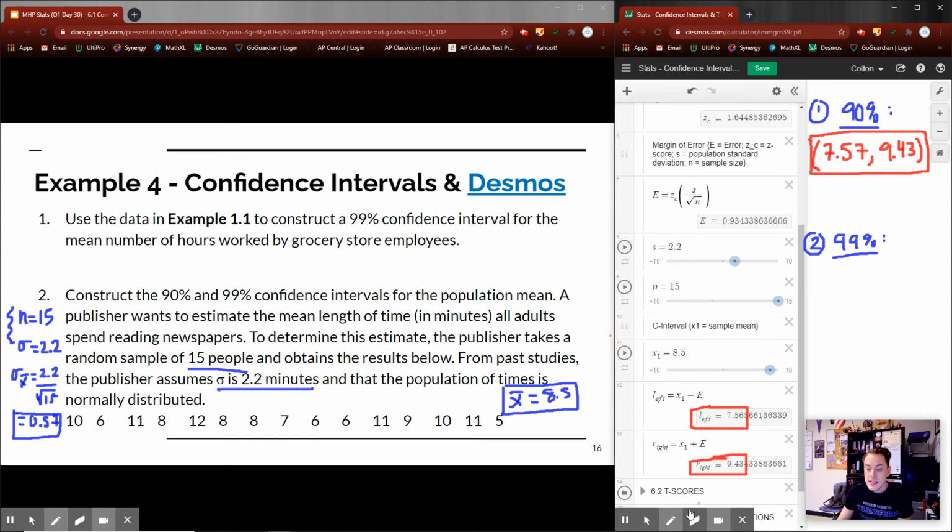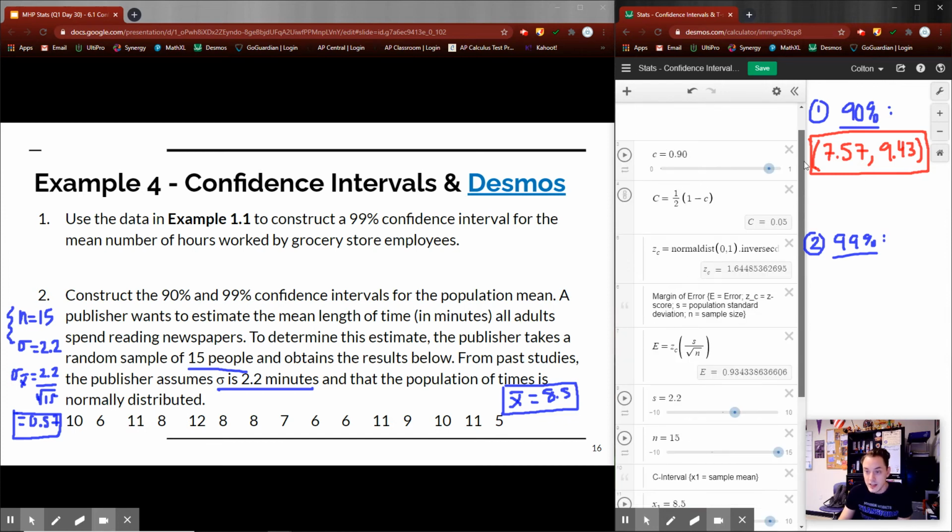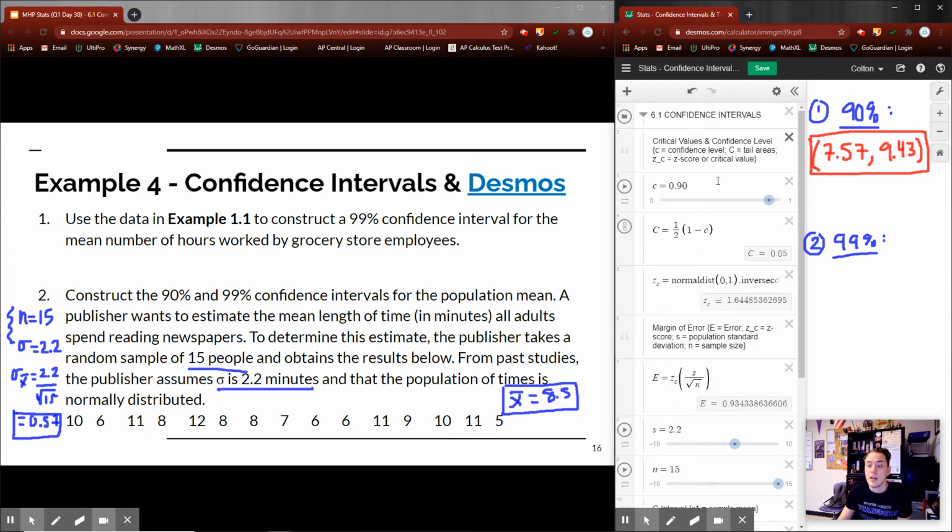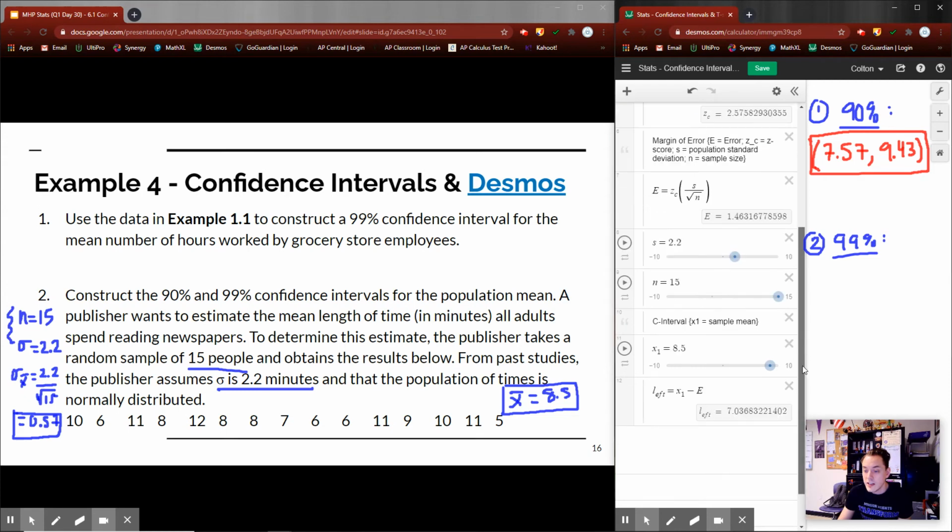All right? Now, let's go and change a couple things. The only thing we need to change for 99% is the very, very top. Okay, so instead of 90, we need to change that to 99. Everything else will stay the same. My standard deviation, my sample size, all of that, even my mean, 8.5, all of that will stay the same.